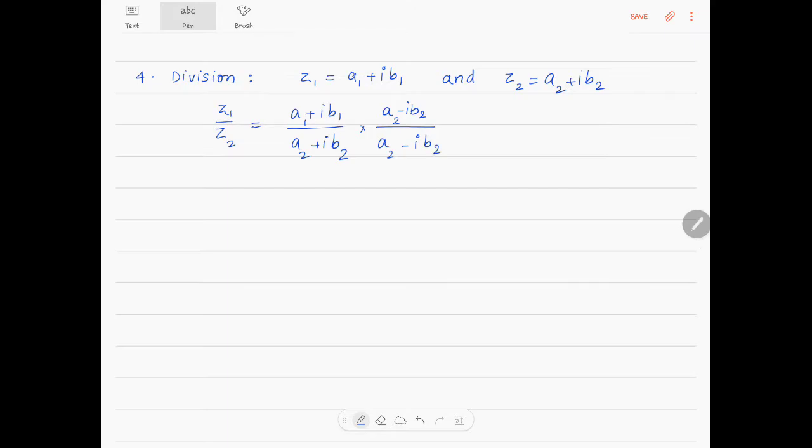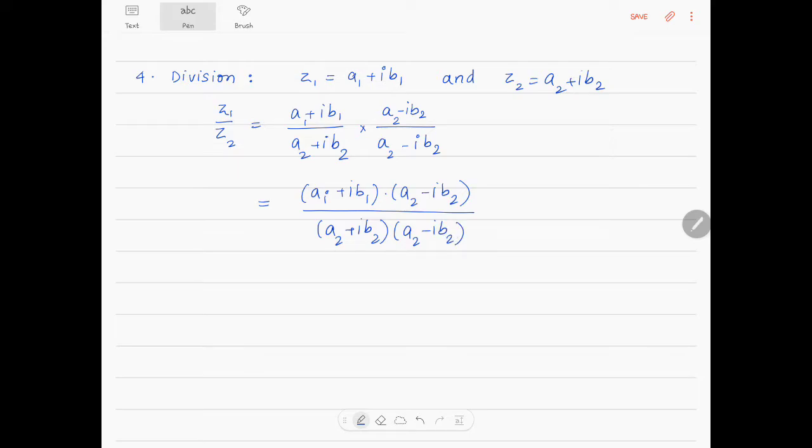So we have two complex numbers in the numerator and two in the denominator. If we expand, this is a1 plus i b1 into a2 minus i b2, divided by a2 plus i b2 into a2 minus i b2.